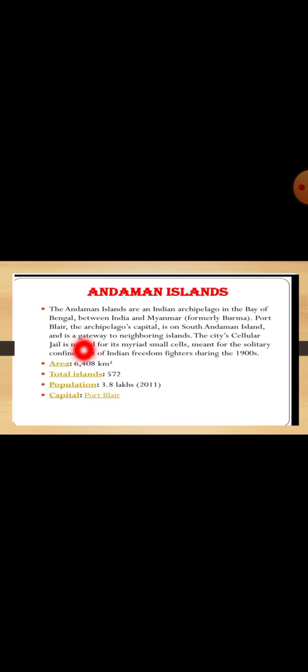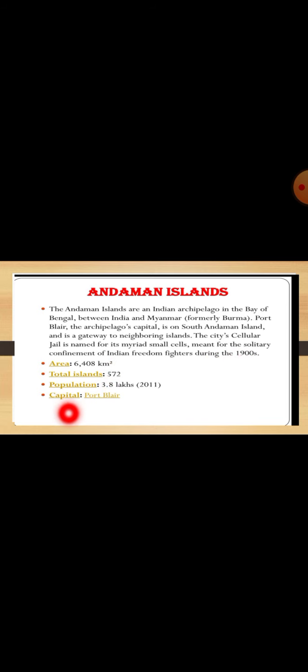Port Blair, the archipelago capital, is on South Andaman Island and is the gateway to the neighboring islands. The city's Cellular Jail is named for its small cells, made for the solitary confinement of Indian freedom fighters during the 1900s.